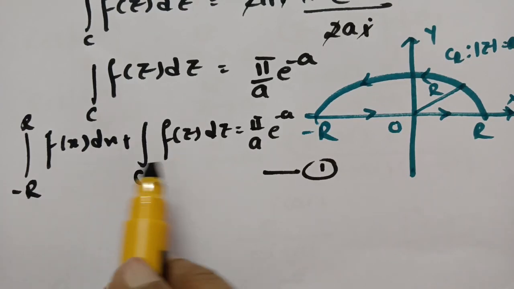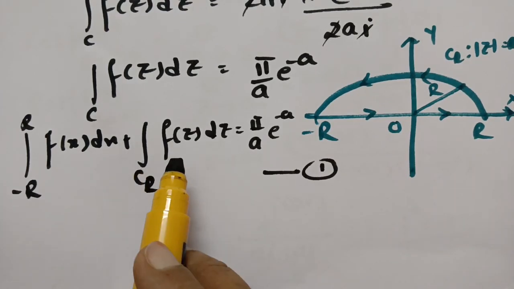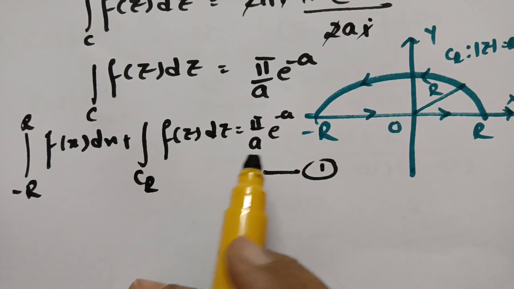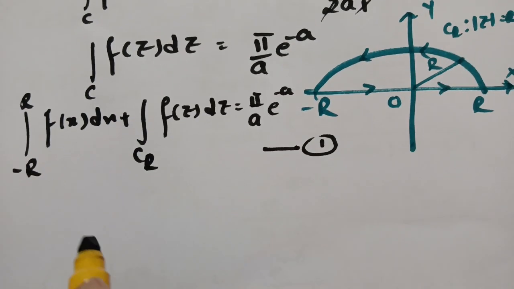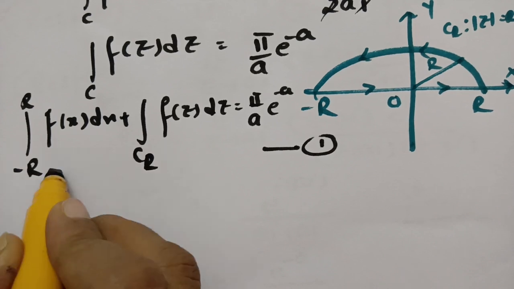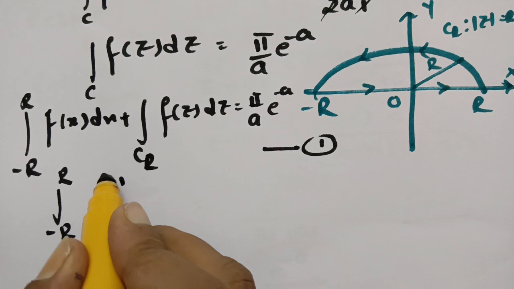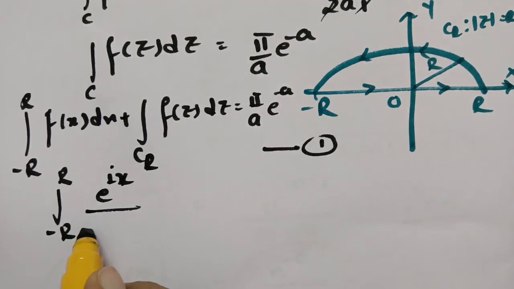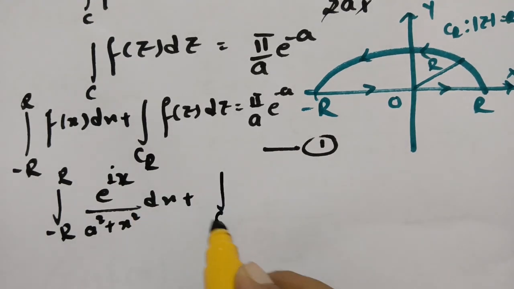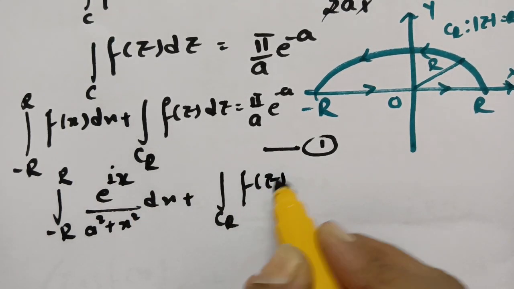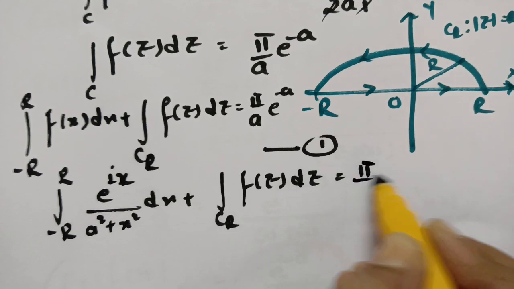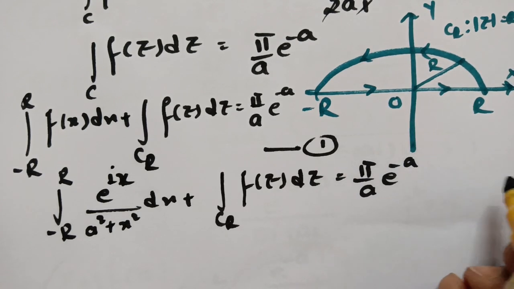Now we have to evaluate these two integrals and add them up so that we get the final answer. So here this is the integral from minus r to plus r. What is f of x? f of x is e power ix by a square plus x square into dx, plus integral cr f of z dz is equal to pi by a into e power minus a.